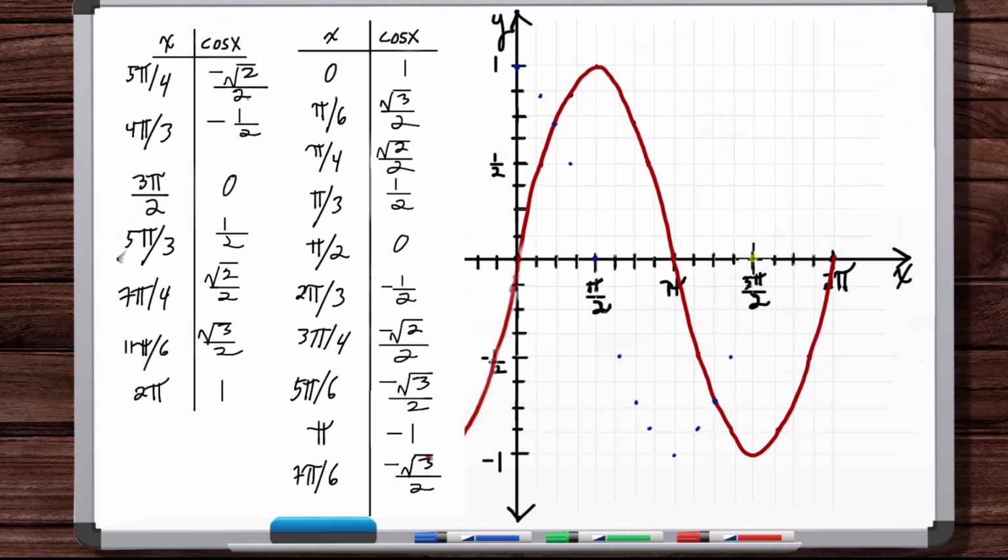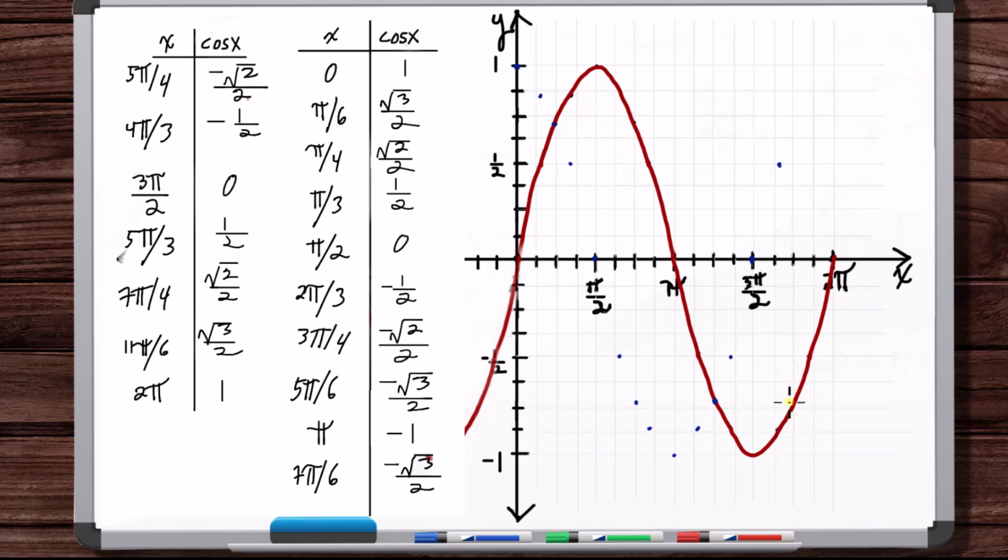Okay, 3 pi over 2 is 0. And then 5 pi over 3, we're at 1/2, so a little bit past the first tick mark. Yeah, that's where this point is. So then 1/2. Then 7 pi over 4 is at root 2 over 2. Let's see. Here we go. We can use this point.